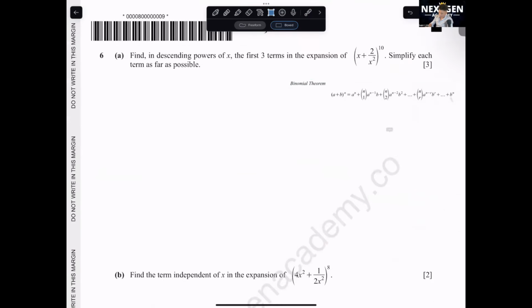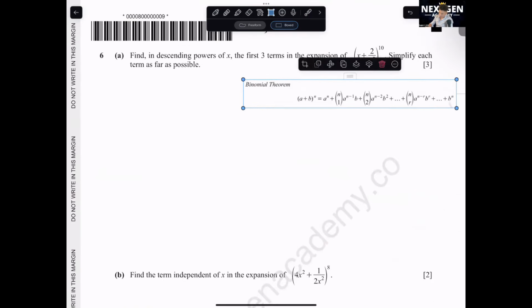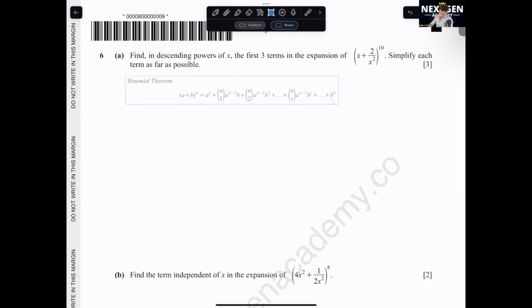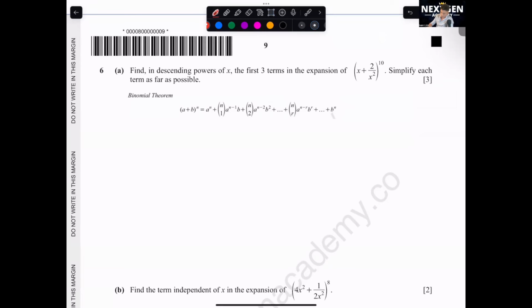Everyone knows how to apply this: a plus b to the power of n, with the bracket n choose r times a to the power of n minus r. This will be under paper 2. You use a calculator to do this question, so we will categorize this as a paper 2 question.